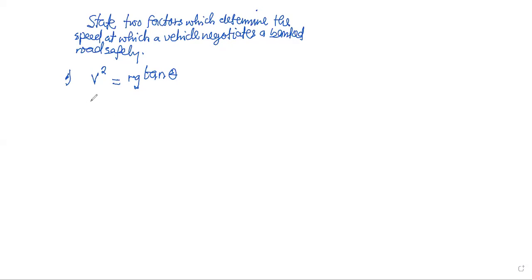And so v squared, v is equal to the square root of rg times tan theta. So v is the speed. Which factors here determine the safety of a car negotiating a banked road?